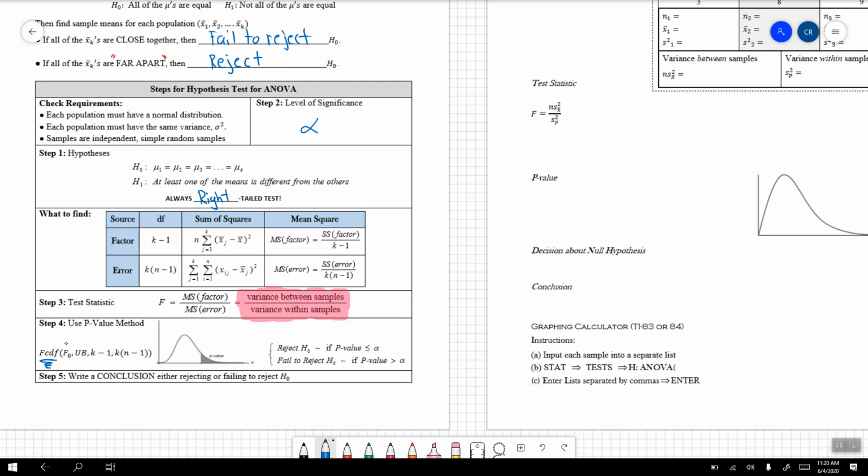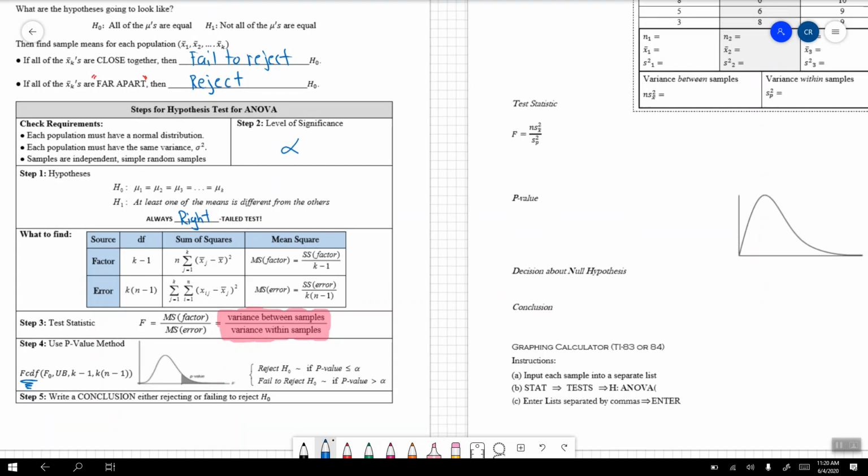We're going to be looking at an initial F value, an upper bound, the degrees of freedom for the factors, and the degrees of freedom for the error. Then the same thing is going to apply. If the P is low, the null must go. After that, we're then going to be able to write a conclusion whether we're rejecting or failing to reject the null hypothesis.